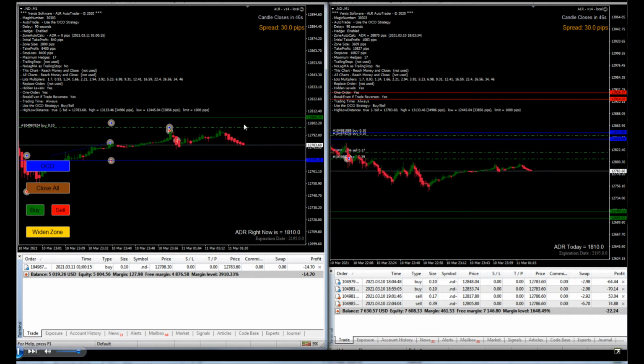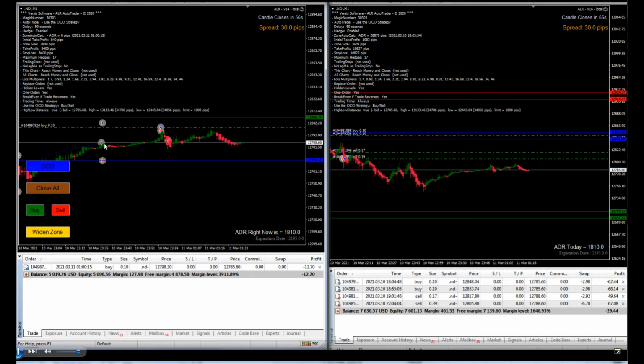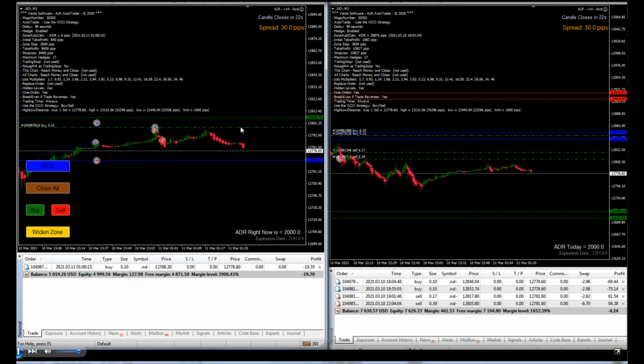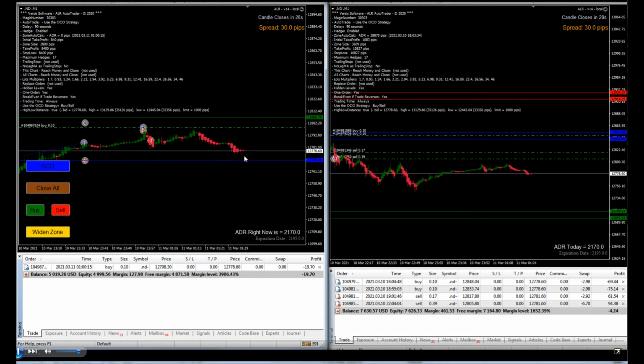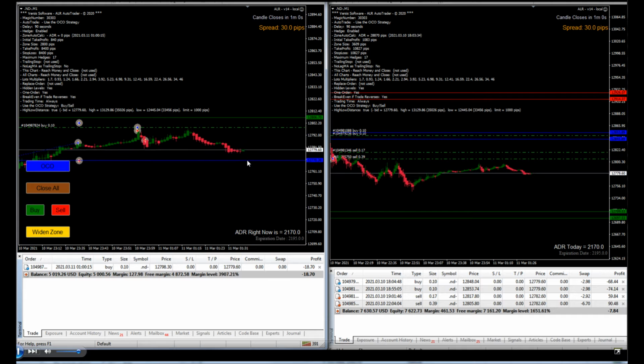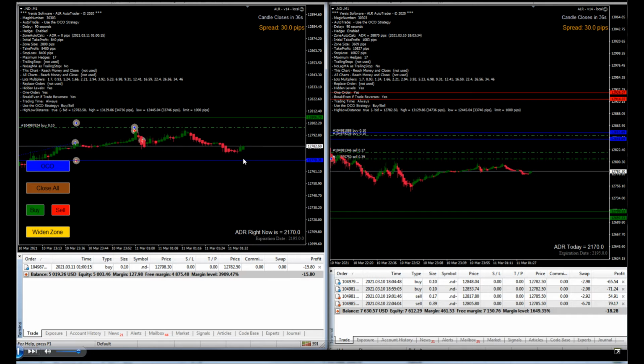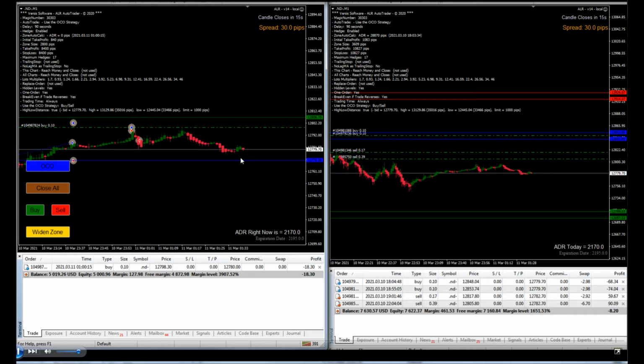Then it will close it when it hits it, just like back here right on the peak. But if for some reason it reverses like this and doesn't hit the green initial take profit line, and it crosses the blue zone line, then we go into a hedging scenario, which is absolutely fine.